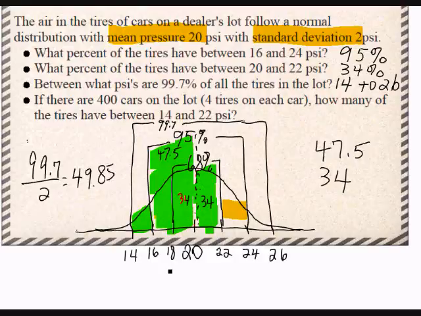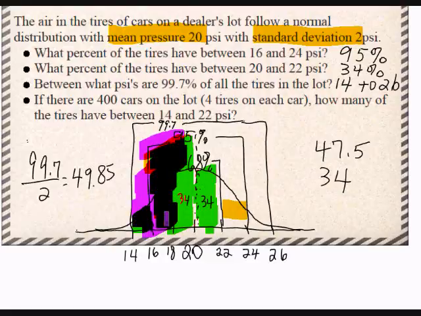All of that's 49.85. All I have to add in is this green section over here, which was 34. There's more than one way to get this, but that got it for me. So that is 83.85%.